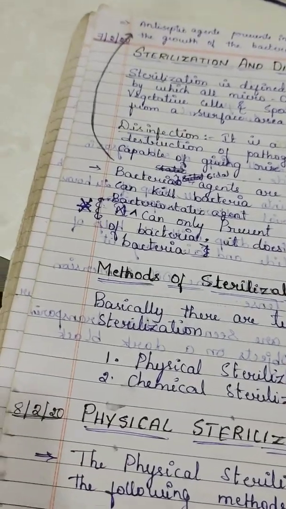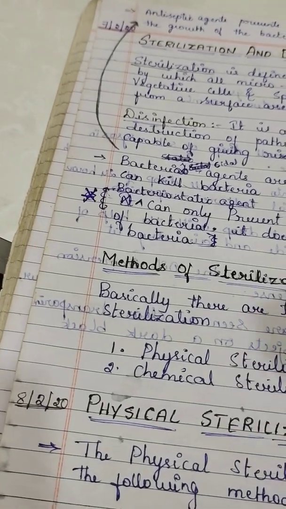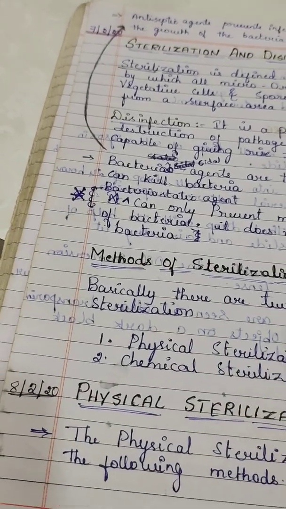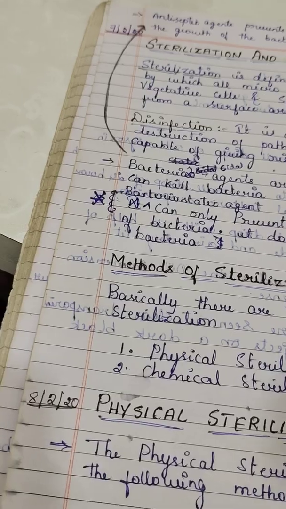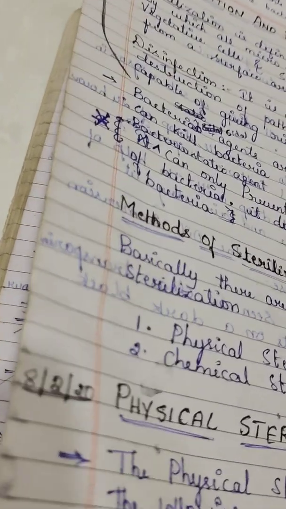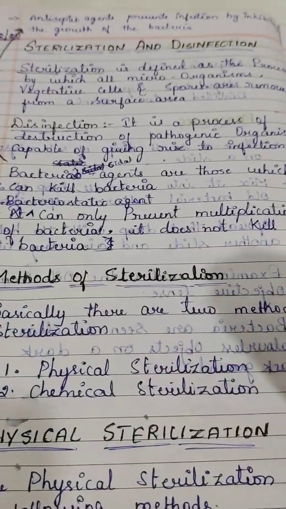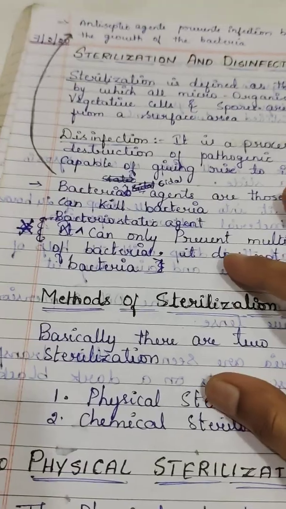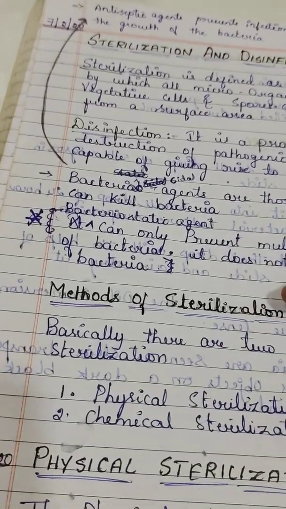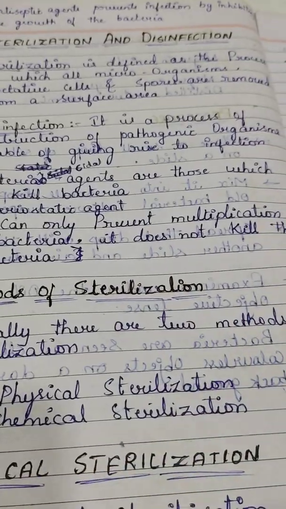The first is physical sterilization, which means we can sterilize objects physically. Chemical sterilization means we can sterilize objects by treatment with chemicals. That is chemical sterilization.